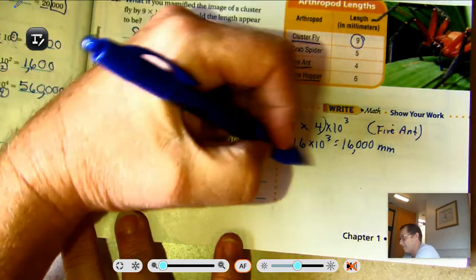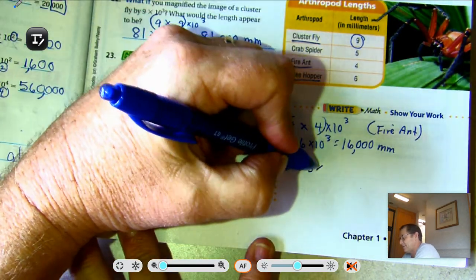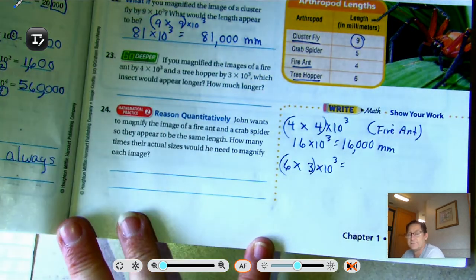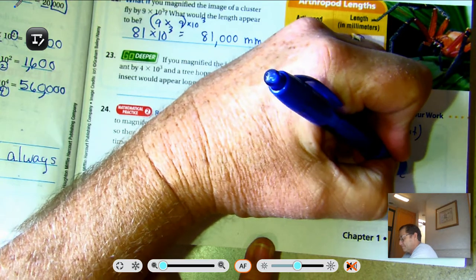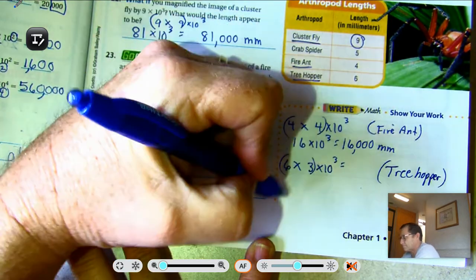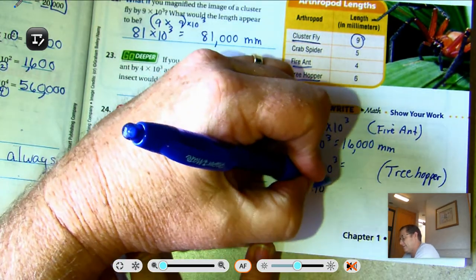What would the tree hopper be? The tree hopper would be 6 times 3 times 10 to the third. 6 times 3 is 18 times 10 to the third.